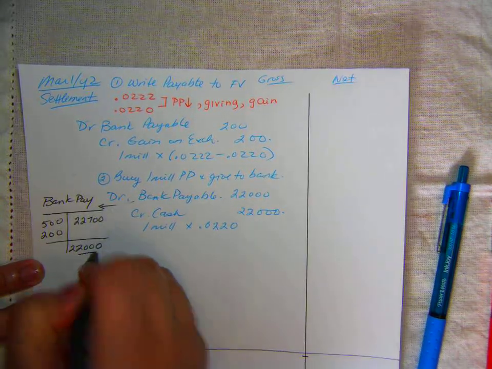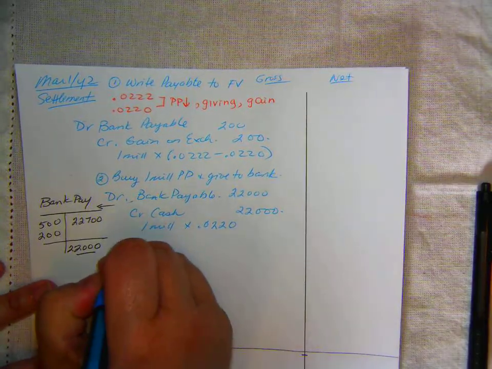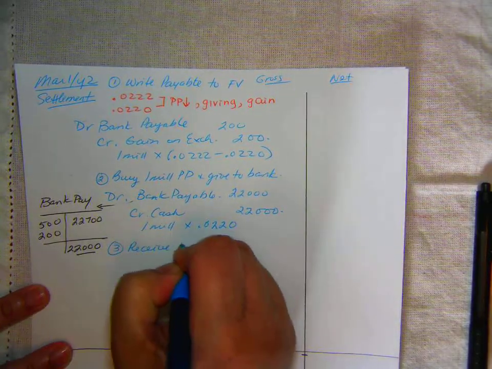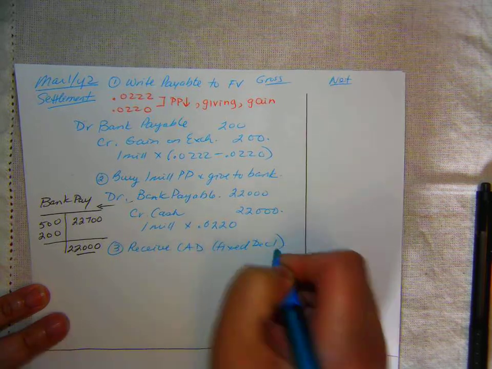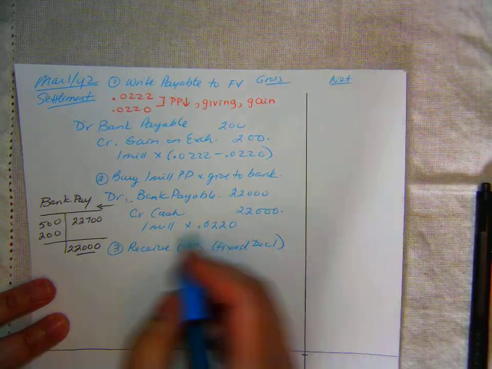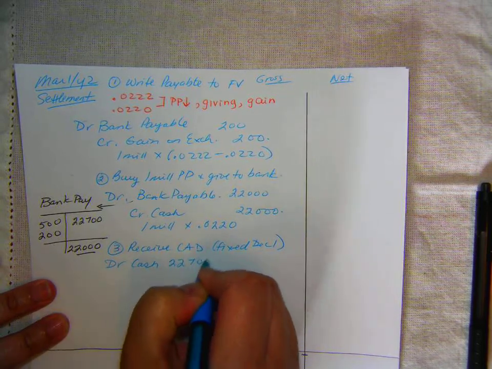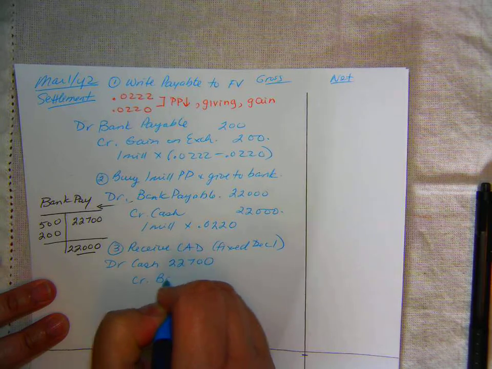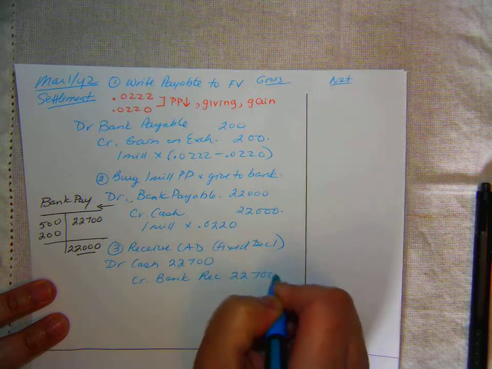So that's where the two numbers are coming from, and they're the same because we've done all the adjustments. Finally, we're going to receive Canadian dollars, which was fixed, just because they're Canadian dollars. So we're going to debit cash 22,700 and credit bank receivable of 22,700.